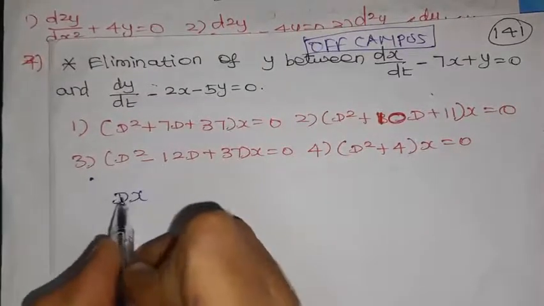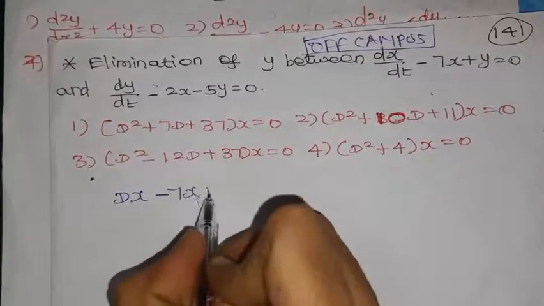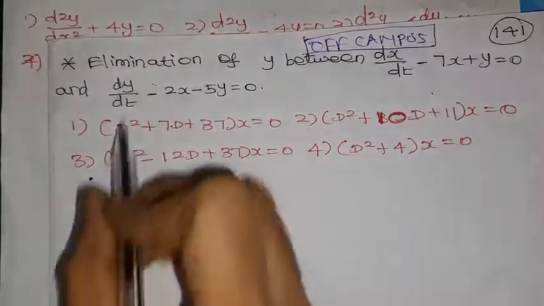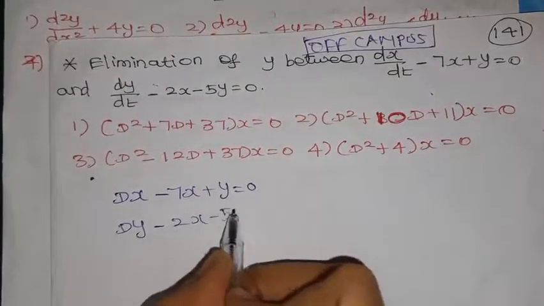Capital D denotes d by dt. So (D minus 7)x plus y equal to 0, and then Dy minus 2x minus 5y equal to 0.